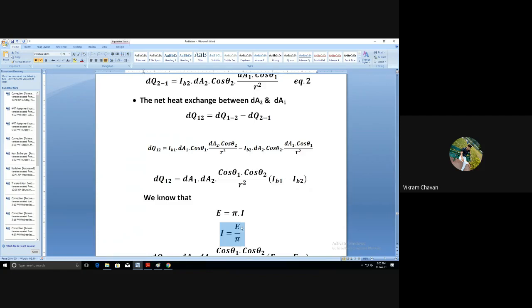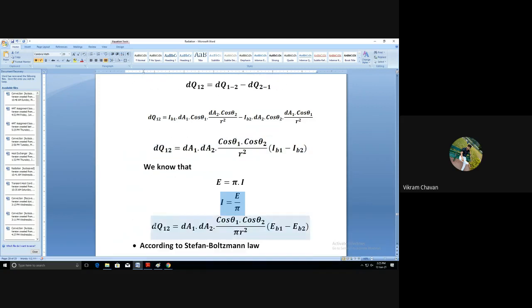Here we are considering a black body, so we can say that Ib1 is equal to Eb1 divided by pi, and Ib2 is equal to Eb2 divided by pi.